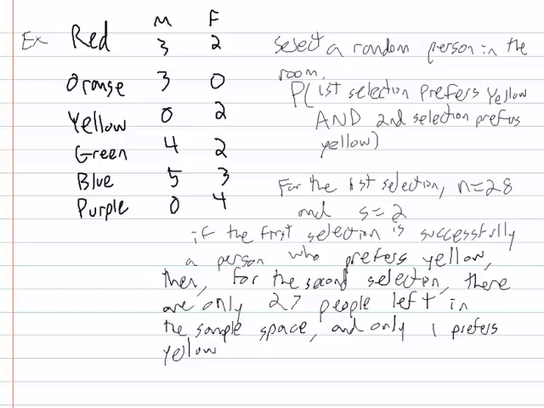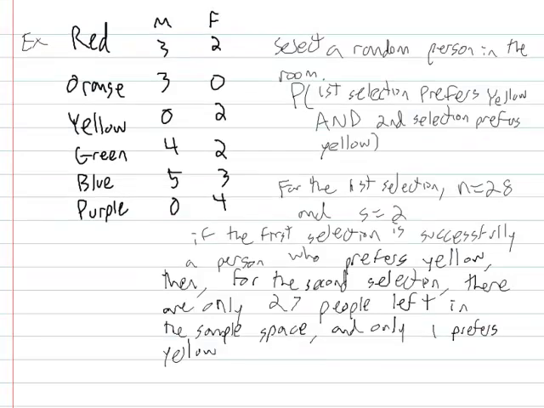It depends on whether or not we make this selection with replacement. So really this is without replacement. What that means is we select this person and then we don't put them back in the sample space. It's like if we put all their names on pieces of paper and put those pieces of paper in a box and we draw names.